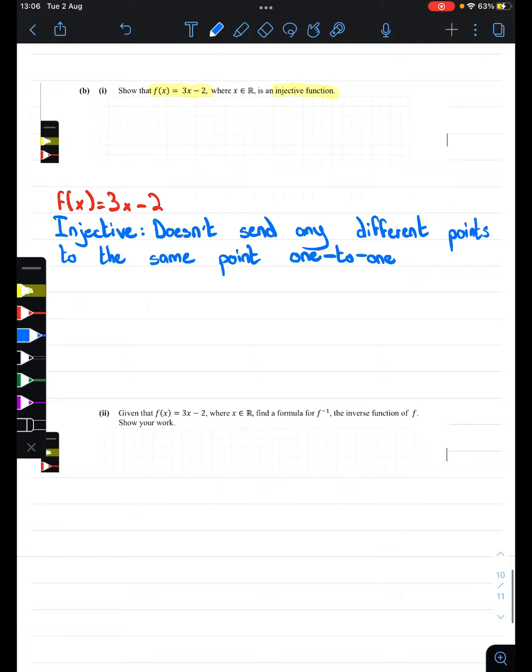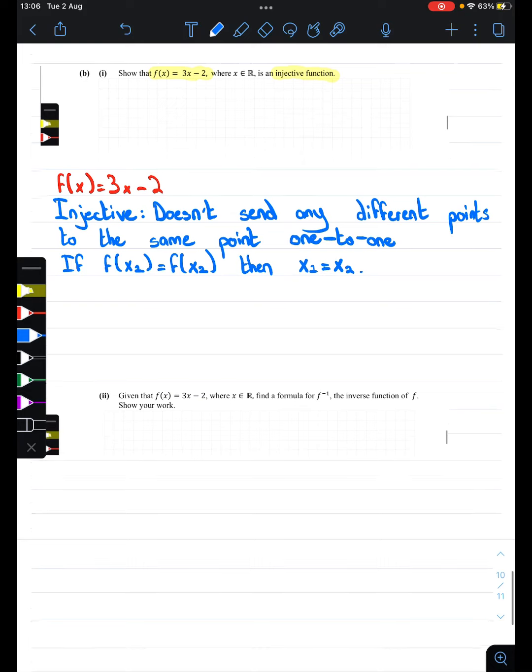And in maths terms, you can write this as: if f of one value, x1, equals f of a different value, x2, then the two values are the same. That's what it looks like in maths terms.